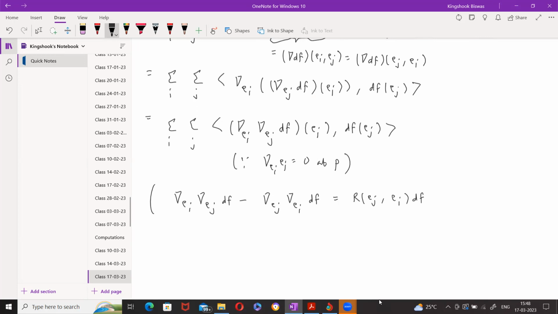Notice that the bracket of e_i and e_j is 0.